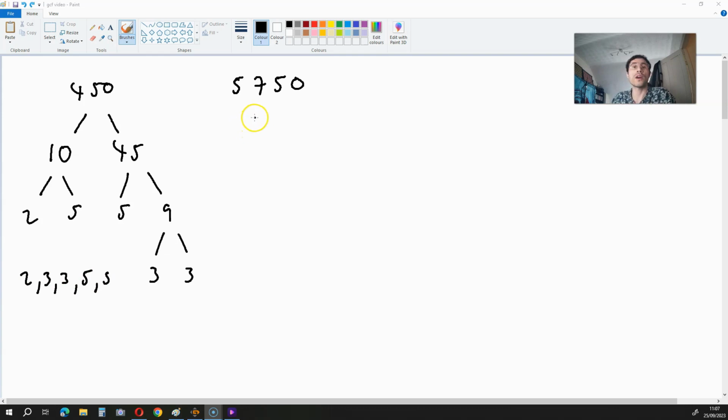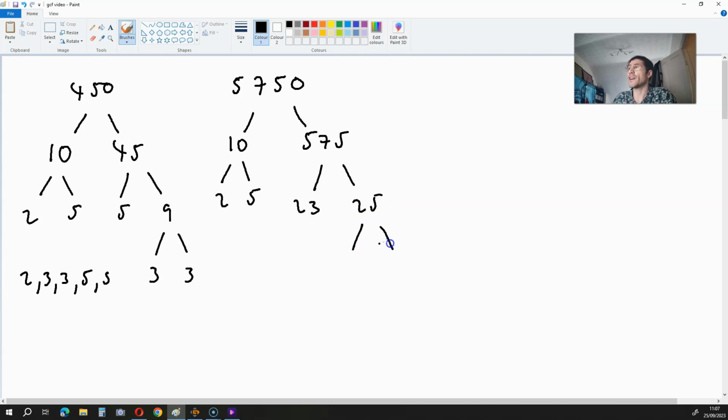Okay, now what are the prime factors of 5750? Well, this is the same as 10 times 575. 10 is the same as 2 times 5, and 575 is the same as 23 times 25, but 25 is the same as 5 times 5.